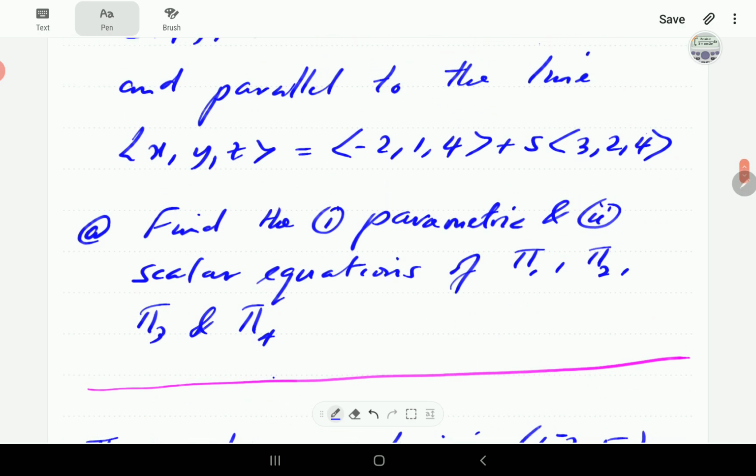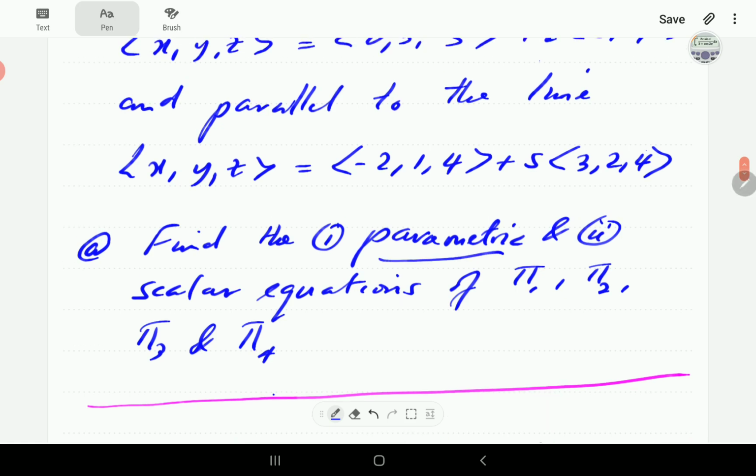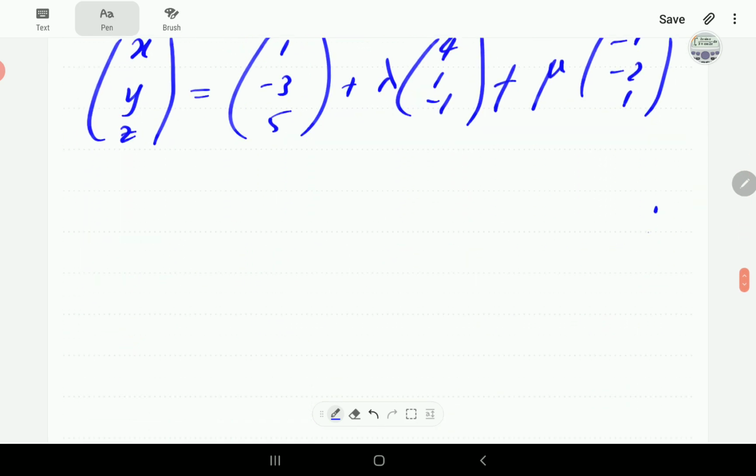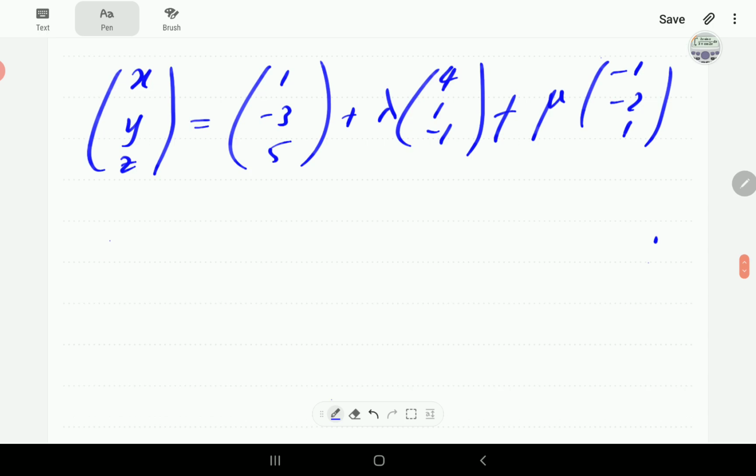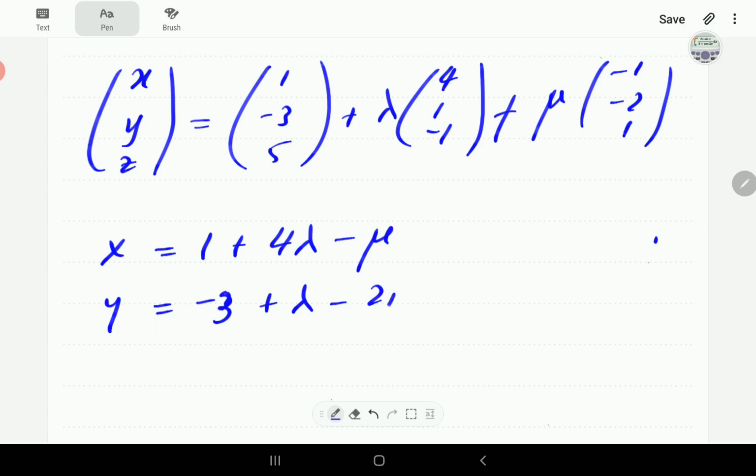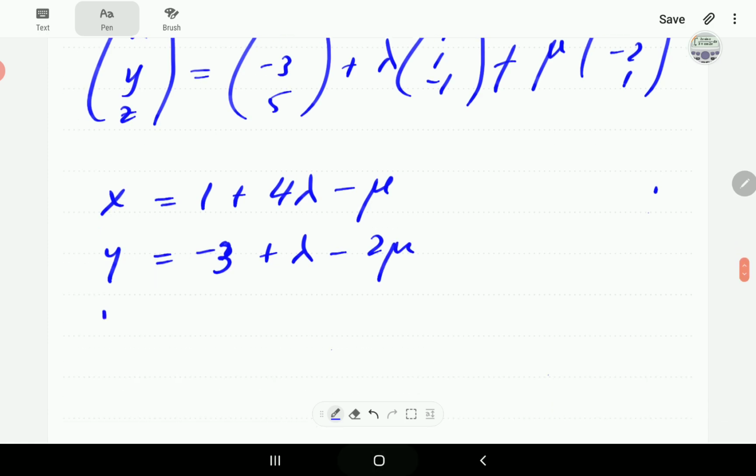And so we want the parametric form. From here we can extract the parametric form. So x is going to be 1 plus 4 lambda minus mu. y is going to be minus 3 plus lambda minus 2 mu. z is going to be 5 minus lambda plus mu.